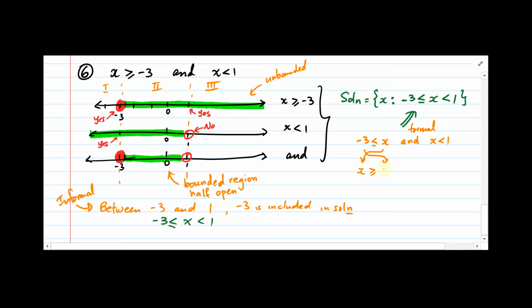Recall that this switches the sense of the inequality, but this is nothing more than what you started with. So it turns out that these two inequalities can be written in a more compact form, which is what we have here in our set builder notation. All right? So this is the preferred form because it represents one region.